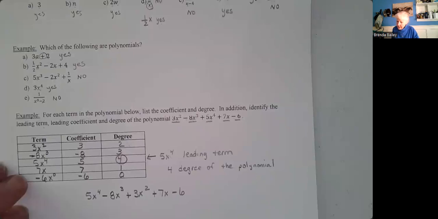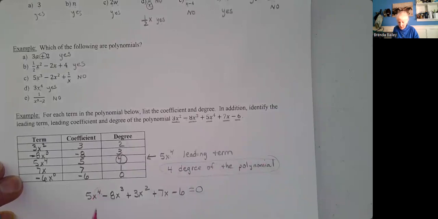All righty. Now the degree, like I say, has some important factors. I know that if I were to set this equal to 0, I would have at most 4 solutions. You might have 2 solutions, or you may have 1 solution, but at most you can have 4 solutions. So it's got some significance there.